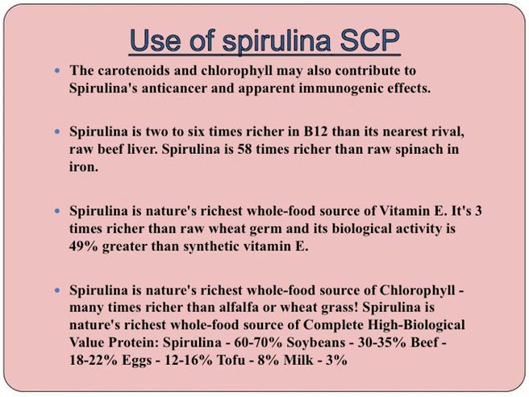Spirulina is nature's richest whole food source of complete high biological value protein. Spirulina possesses 60 to 70% protein when compared with other foodstuffs such as soybean having only 35%, beef having 18 to 22%, eggs having only 12 to 16%, tofu only 8%, and milk having 3% protein.